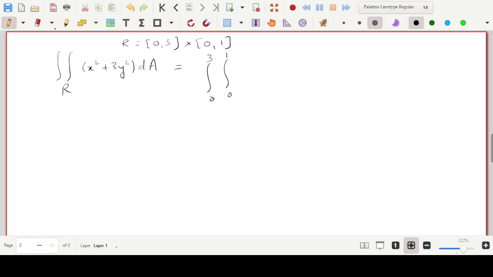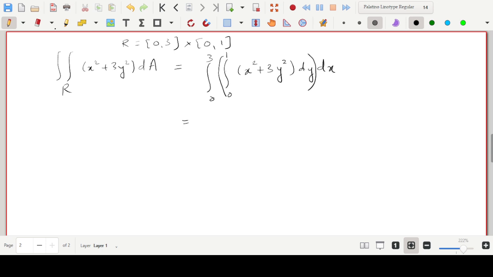This is the inner integral of x square plus 3y square, dy dx. So let us compute this inner integral first.